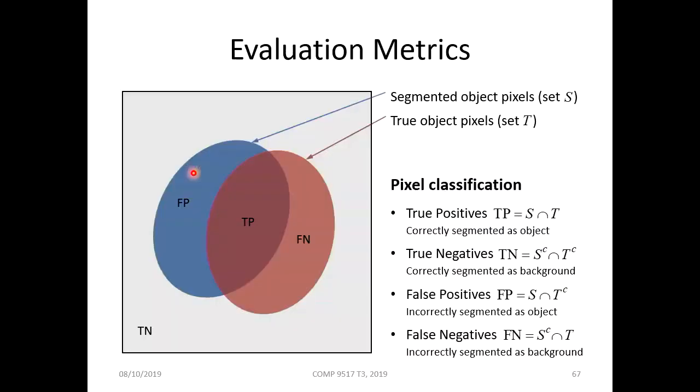So there's a lot of manual work involved here, but usually the human expert is the reference here. And so we always try to come up with what we call the ground truth. So whenever we test segmentation methods, we know what the answer should be.